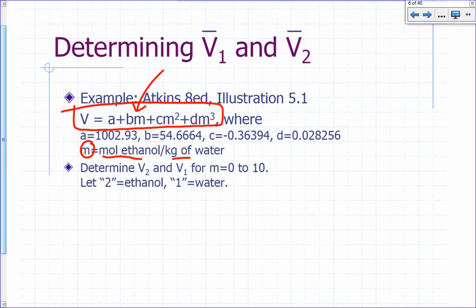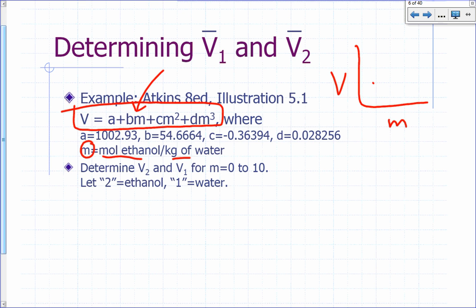So suppose it's given by this equation. You have experimental data of volume versus molality. You're able to fit that to a cubic equation, A plus BM plus CM squared plus DM cubed. That should be easy to do in the lab, right?